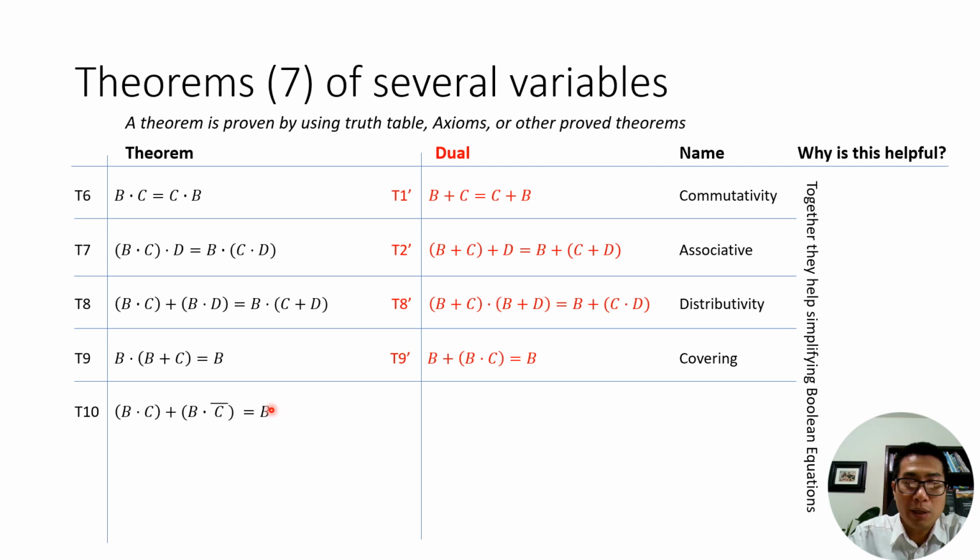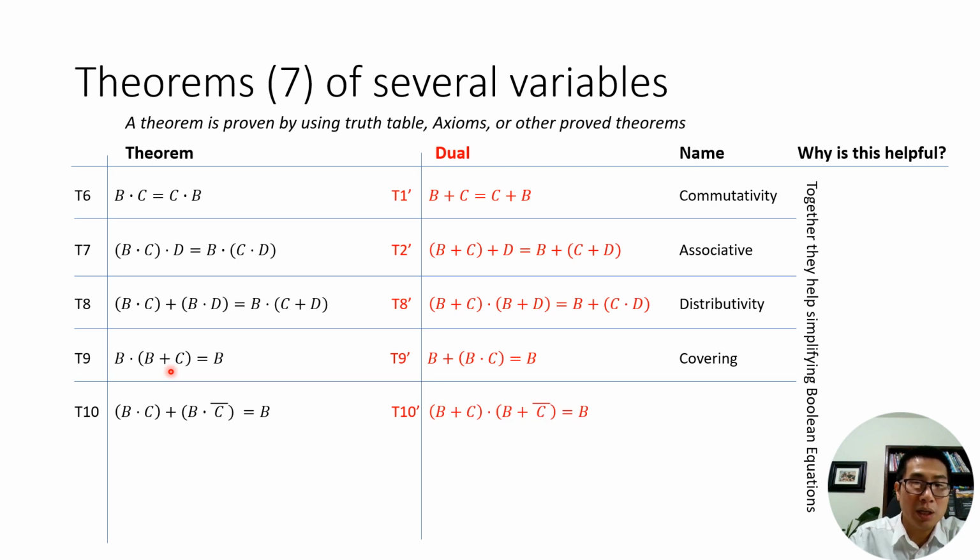Especially, if you see this, it's similar to the form of sum of products, which we'll learn when you write a Boolean equation in sum of products form. Normally this form appears a lot, and if you see C and not C, you can cancel them and just bring B only. Again, if you remember the sum of products form, this will come in handy for us to minimize the Boolean equation.